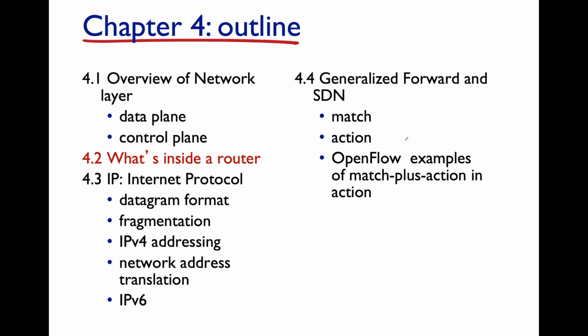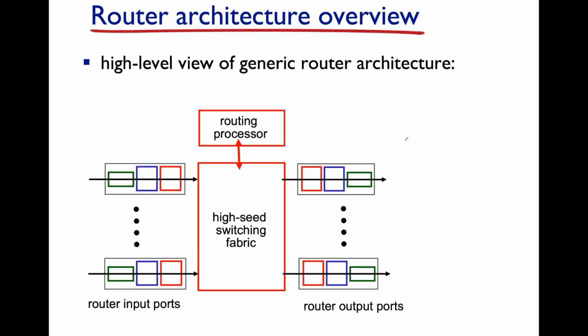Let's take a look at what is inside of a router. A router has many aspects of what used to be parallel computing. Here you have an input port for the router, that's the incoming traffic, and then you have an output port. Connecting the input ports to the output ports is a high-speed switching fabric.